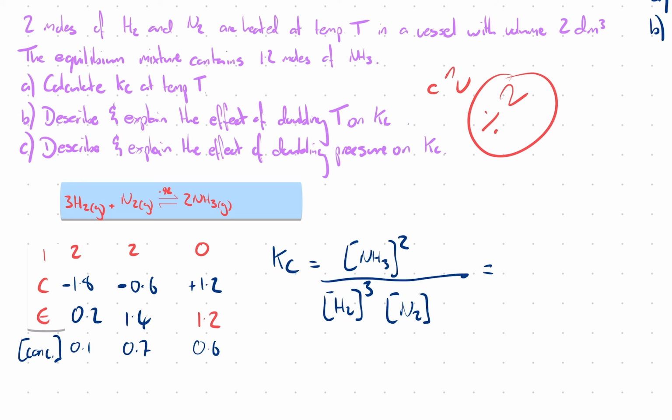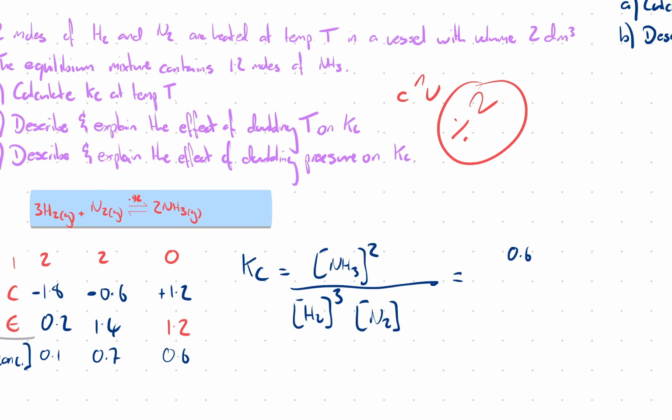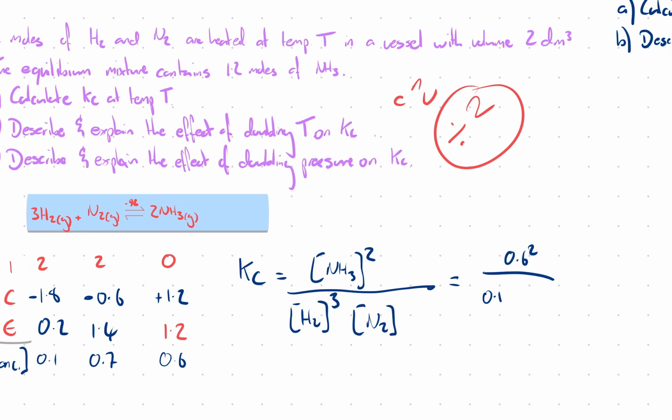Now I plug my values in. So I've got 0.6 squared over 0.1 cubed times 0.7. Plug all of that in and I get 514.29 if I round at the end.